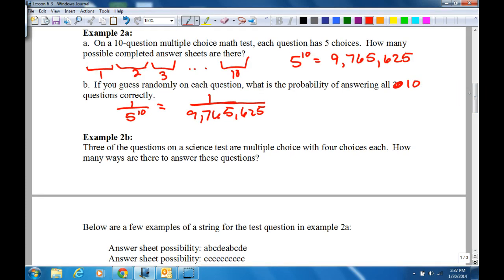Okay, number 2B. It says 3 of the questions on the science test are multiple choice with 4 choices each. How many ways are there to answer the questions? 4 to the third, because you have 3 slots, and they each have 4 possible answers. So 4 to the third, which is 64.